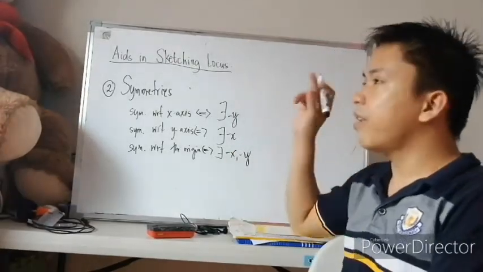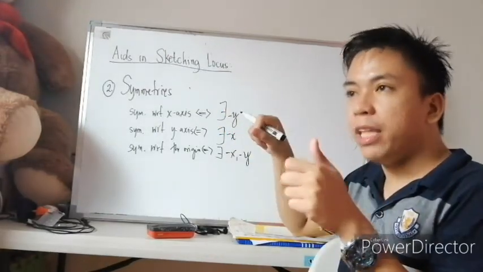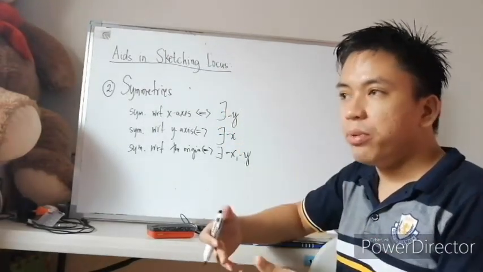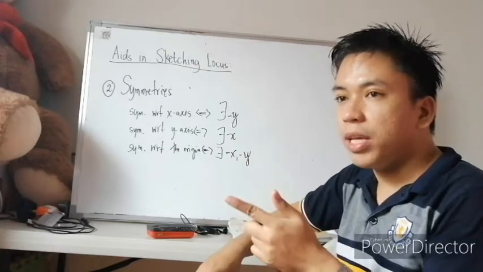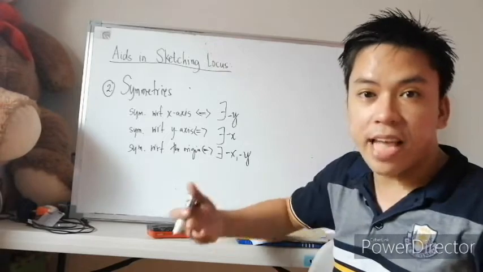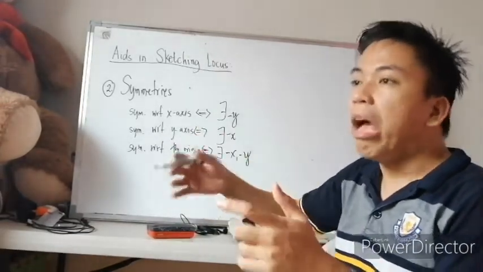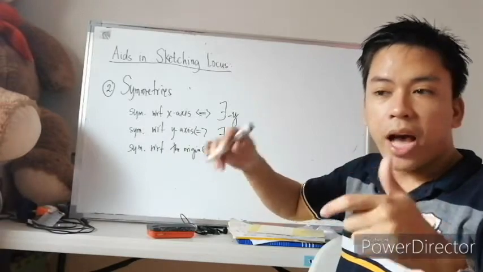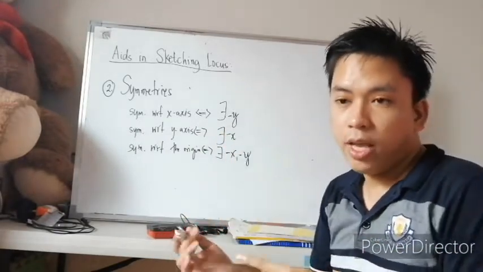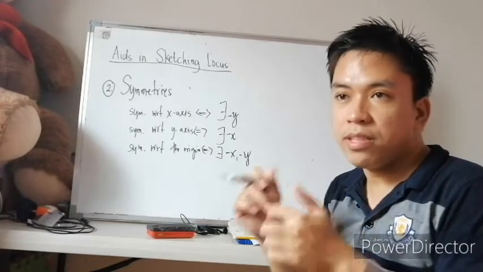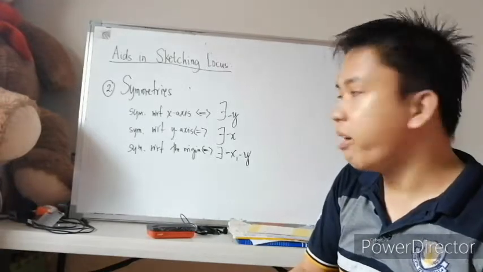So for the original graph, let's say you're evaluating whether that graph is symmetric with respect to the x-axis. You have to evaluate the graph by replacing the value of y with negative y. Then you see if the resulting graph is the same as the original graph.